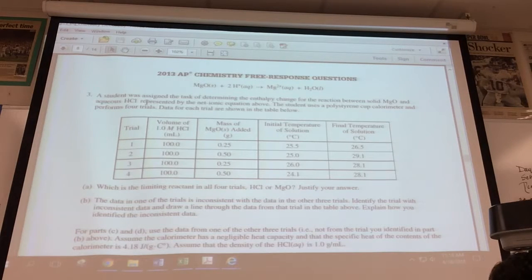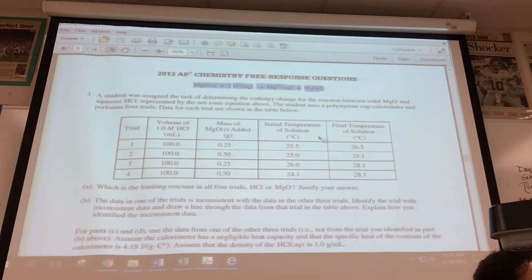A student was assigned the task of determining the enthalpy change for the reaction between solid magnesium oxide and aqueous HCl represented by the net ionic equation above. The student uses a polystyrene cup calorimeter and performs 4 trials. Data for each trial are shown. I do want to ask one question. Looking at that reaction, as the reaction proceeds, what happens to the pH?